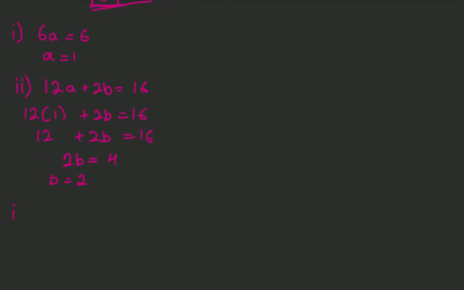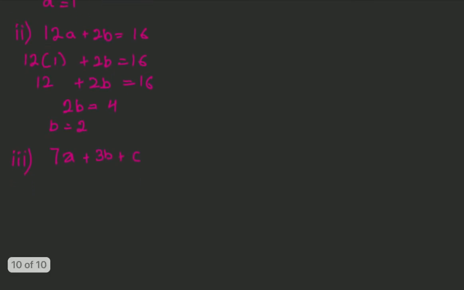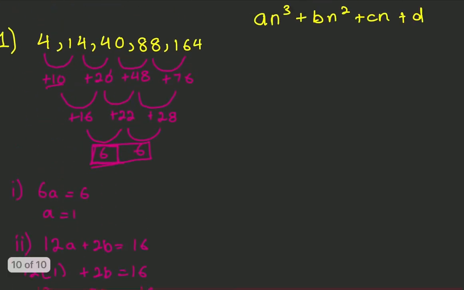And once again, let's solve for c now. The formula here is 7a plus 3b plus c. So 7 into 1 plus 3 into 2 plus c should be equal to 10.